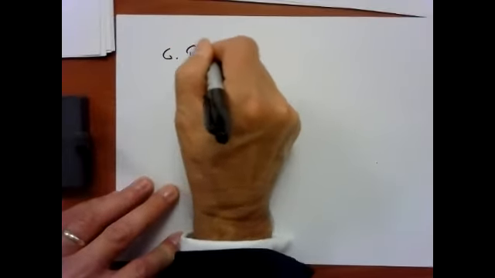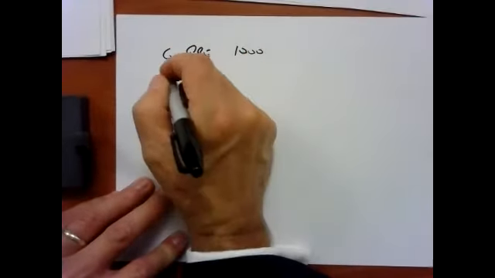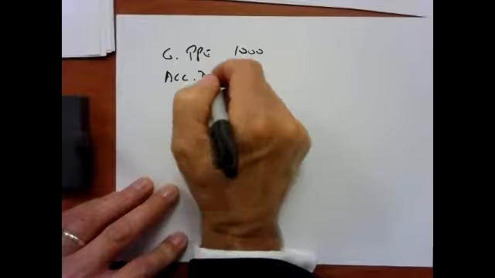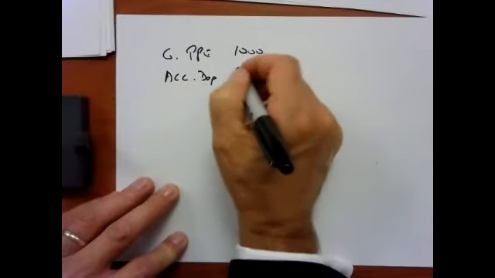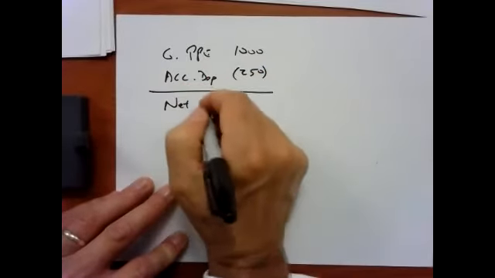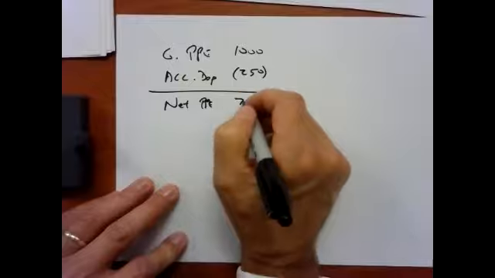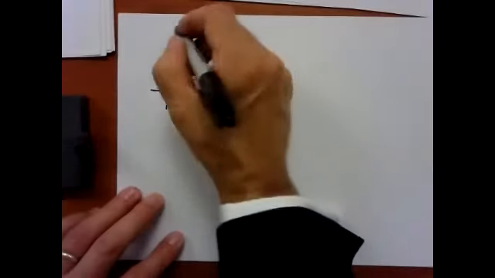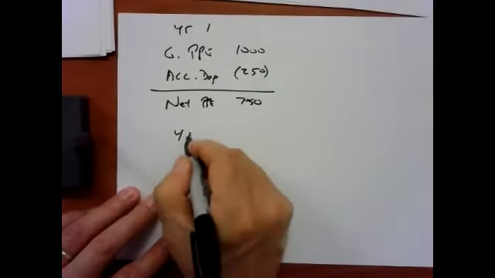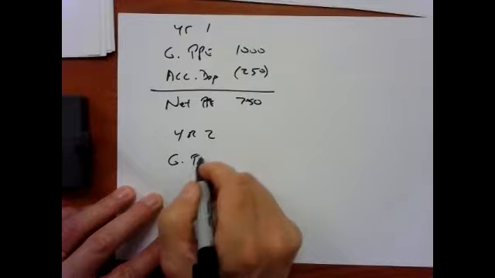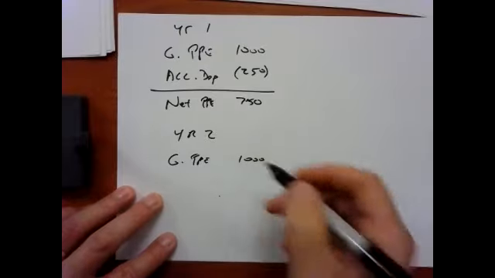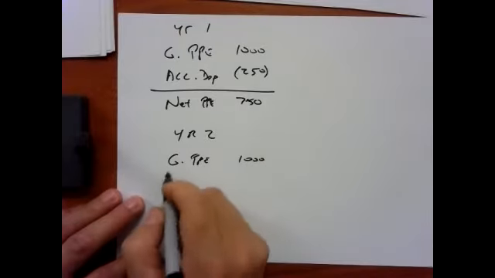We had gross PPE of 1,000, accumulated depreciation after year 1 of 250, net PPE 750, right? So that's year 1.